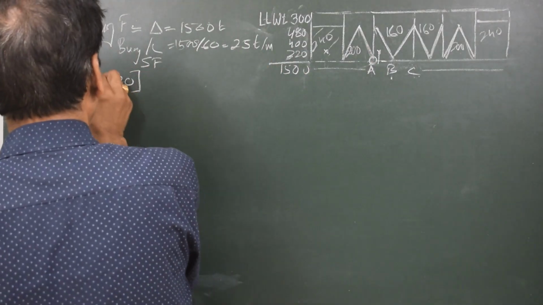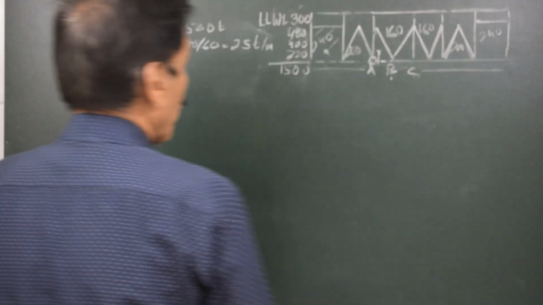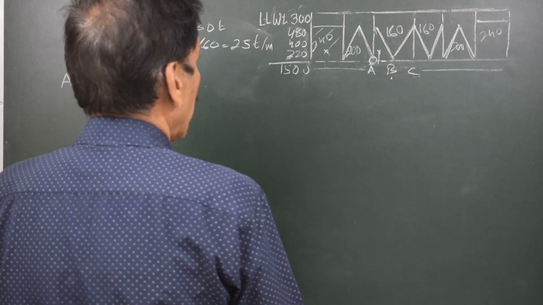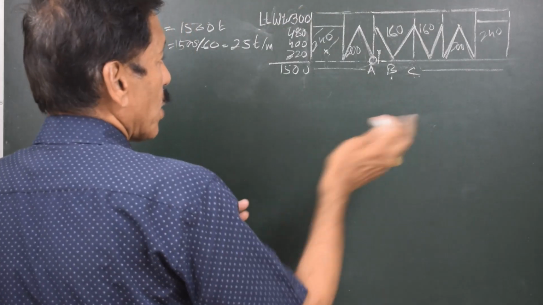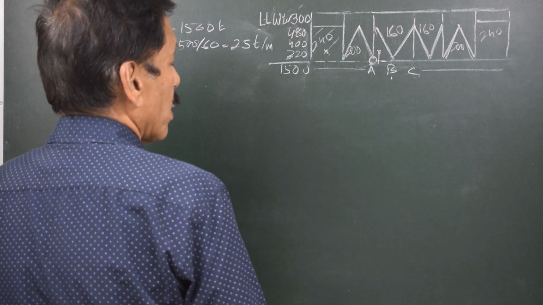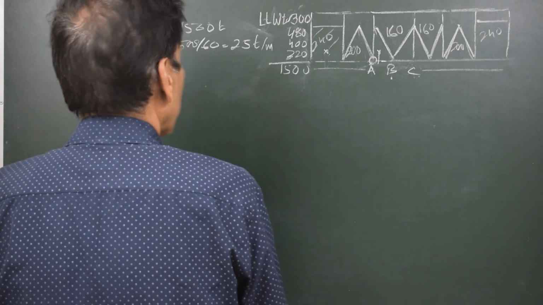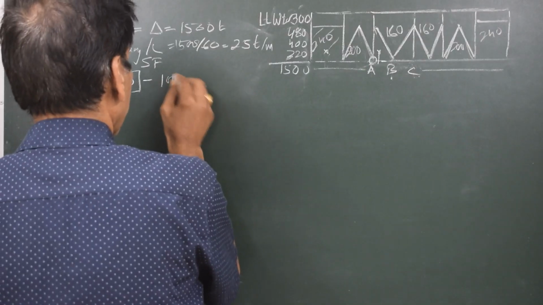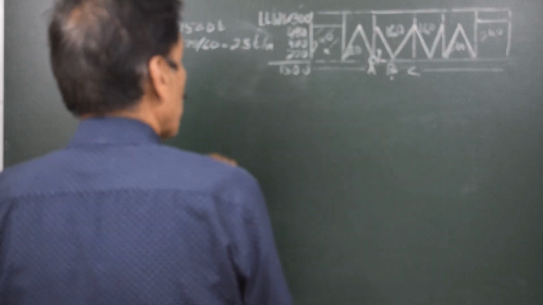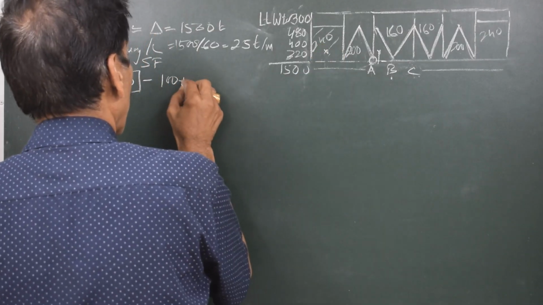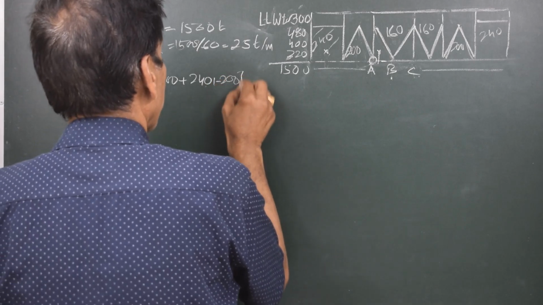This is positive force, and the negative forces are going to be caused because of the light ship. Light ship weight is 300 tons and length is 60 meters, so it is 5 tons per meter. So at this point, the weight of 20 meters is 100 tons. The downward force to the left of point A is also caused because of the cargo, that is 240 and 200 tons.